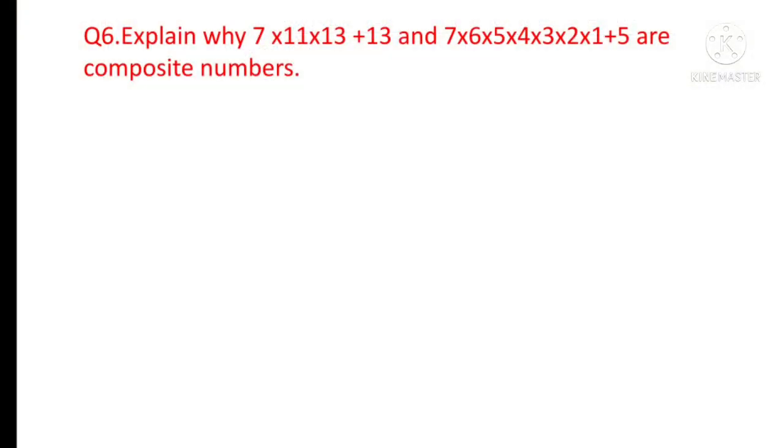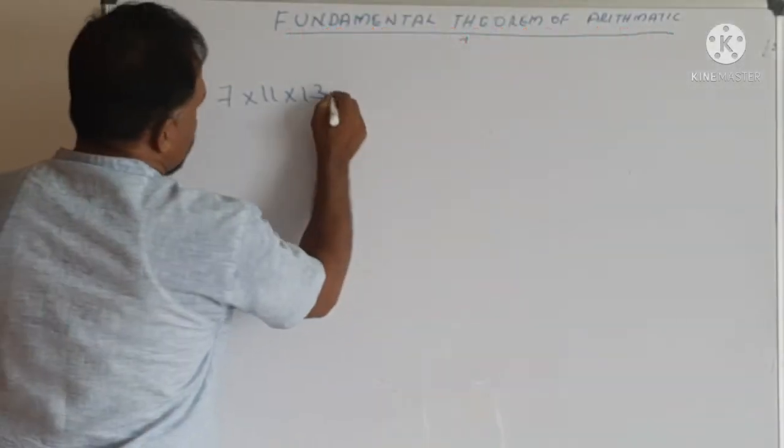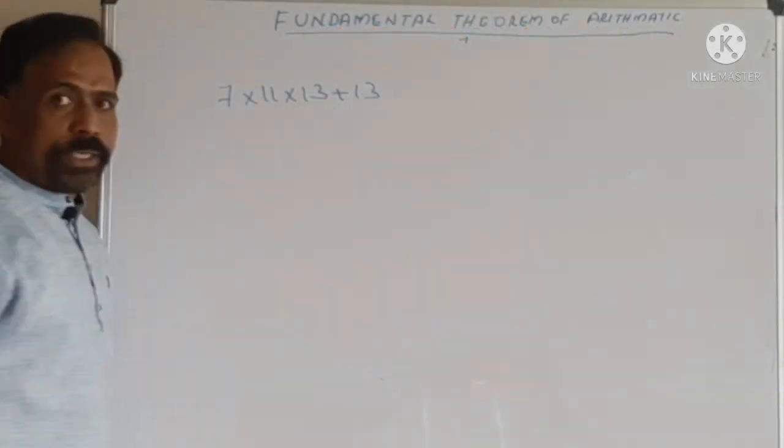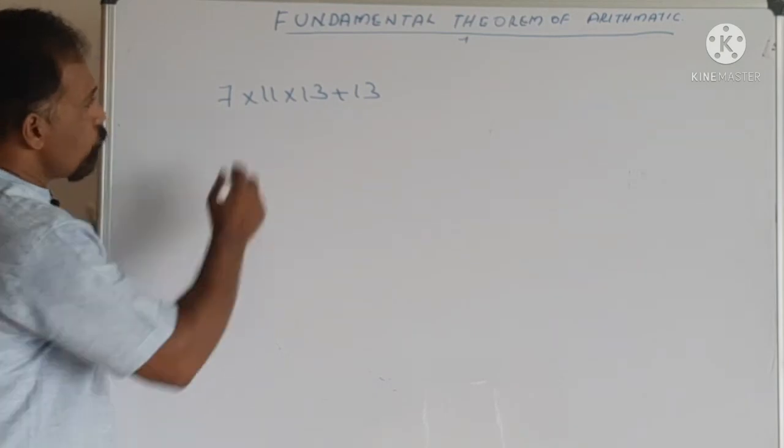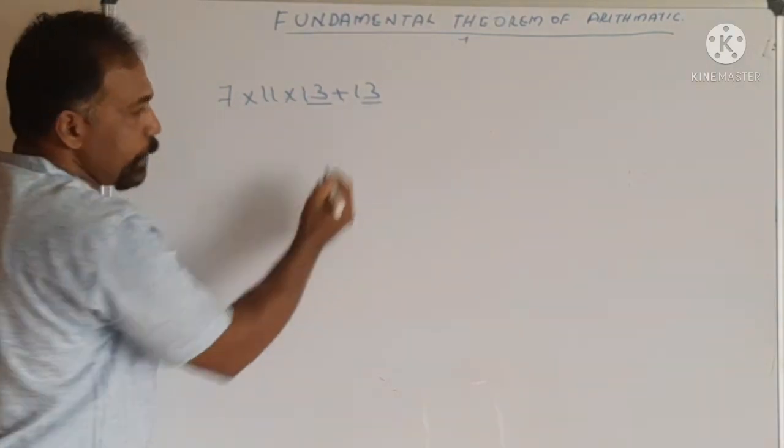In the question, it says to check whether these numbers are composite numbers or not. That is 7 into 11 into 13 plus 13, whether this number is a composite number or not. Now, which is common? 13 is common.